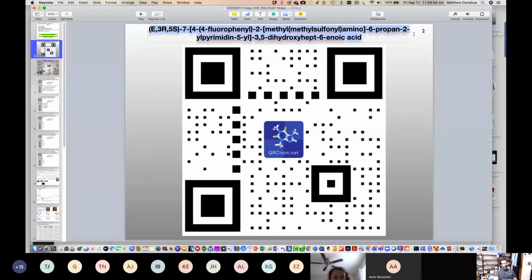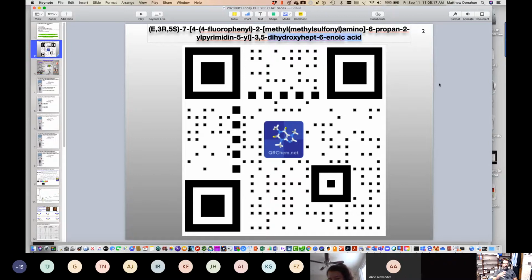You would start reading this way and end up at the end to the right. However, when you want to convert the name into the structure, you actually start at the end. Let me highlight this region here.